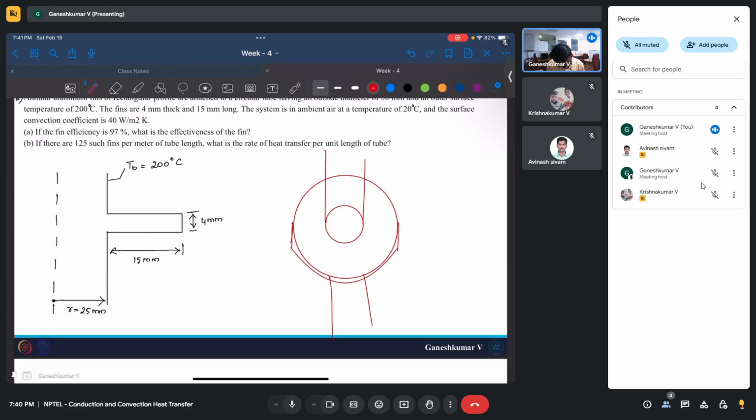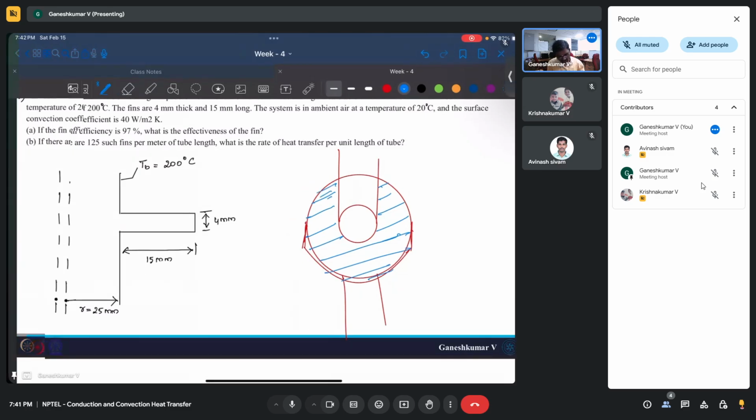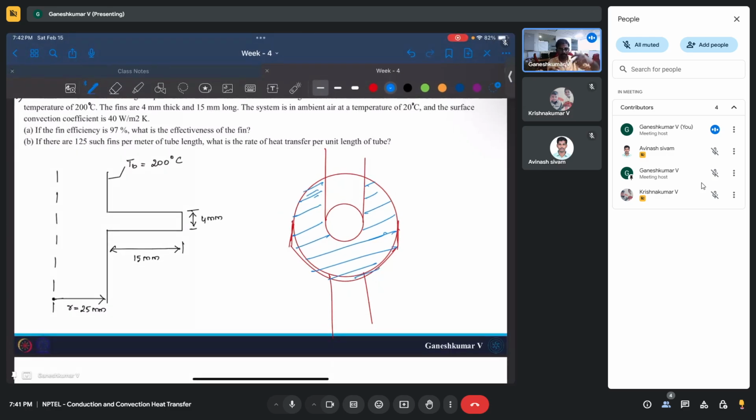Well, my drawing is very bad, but this entire region is the fin, and this is the tube. Inside, anything can happen. Maybe water is flowing in, maybe this is a circular pipe, we don't know, but the surface is going to be 200 degrees Celsius, and T infinity is 20 degrees Celsius. That's what it means. So maybe I'll write it here, 20 degrees Celsius.